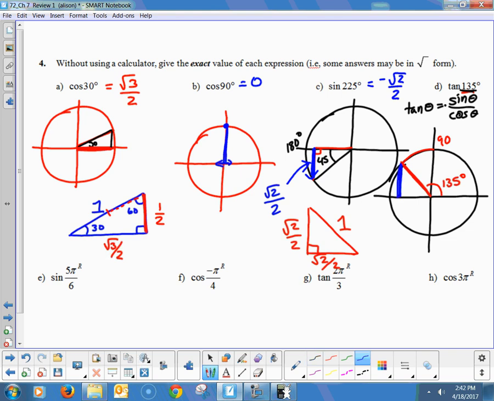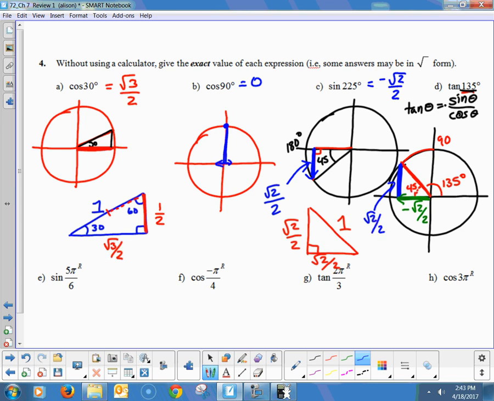And so I need to know the blue height, and I'd also need to know the green width. But this is a 45, 45, 90 triangle because this angle here is 45. So we know that this cosine has to be negative root 2 over 2, because it's backward. And this sine has to be positive root 2 over 2 because it's up.